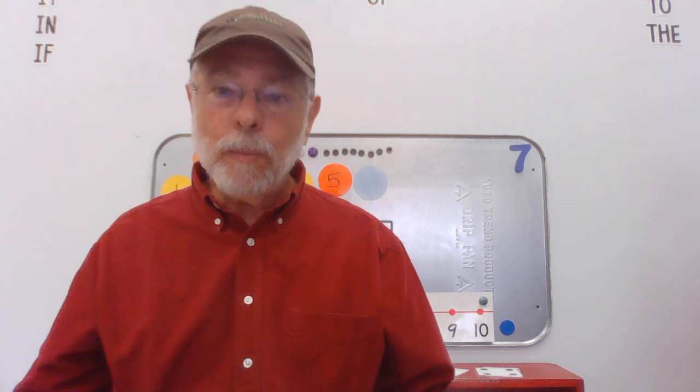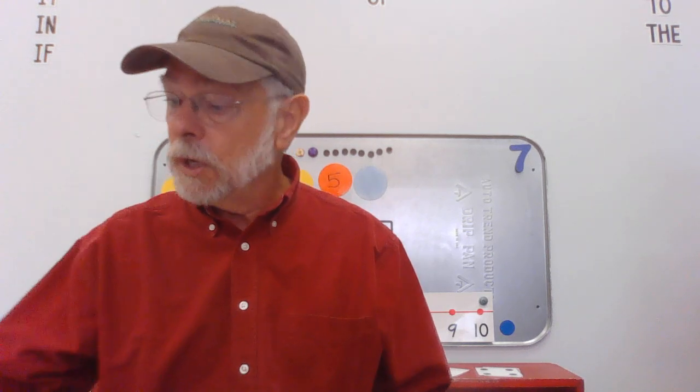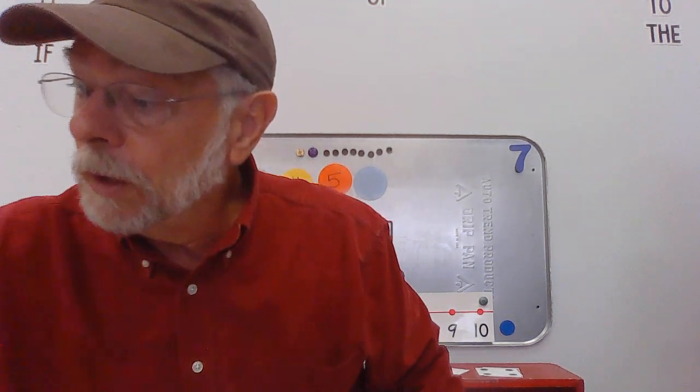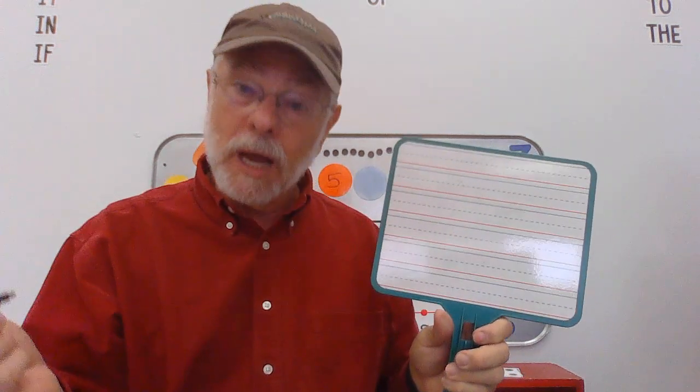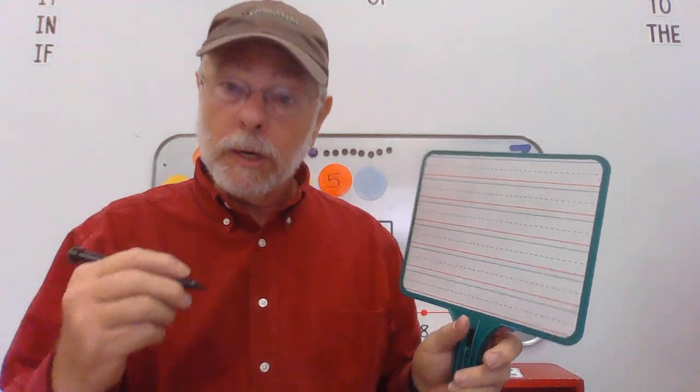Now, let's think about something else. If we want to talk about the number 6, we need to know how to write the number 6, correct? I think so. So, I'm going to show you the numeral. There's the number 6. And how do you write the number 6? Where do you start? Well, when I was in school, my teachers always taught me you start at the top on any number or any letter.